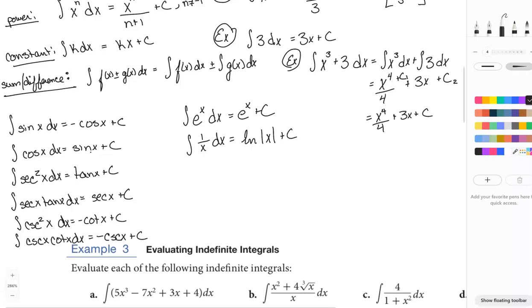And then let's look at a few of the inverse trig functions. If I want to integrate 1 over the square root of 1 minus x squared, that was your arcsine function. The derivative of arcsine is that. If I integrate 1 over 1 plus x squared, this is arctan.